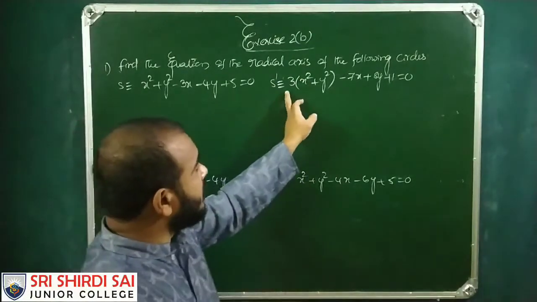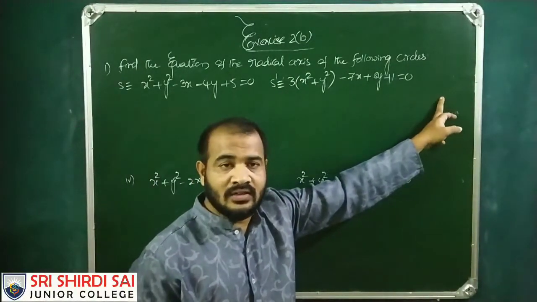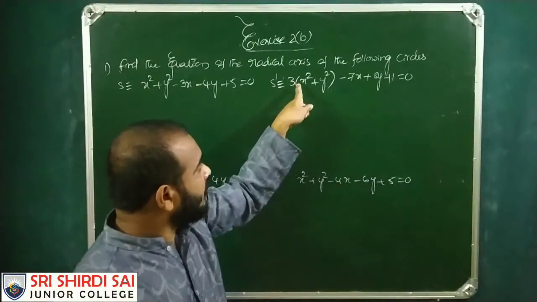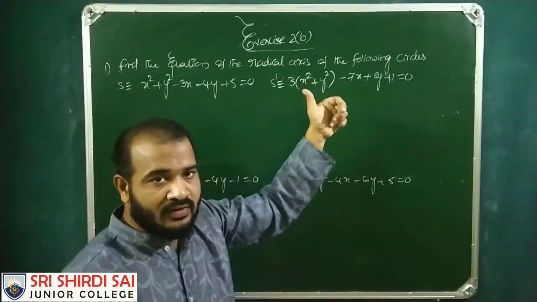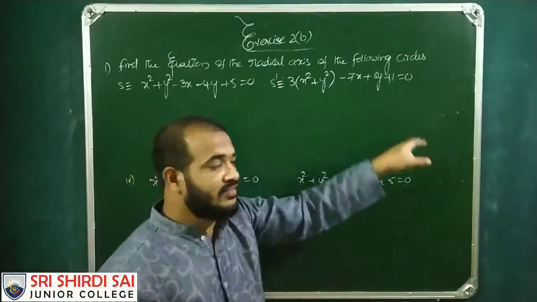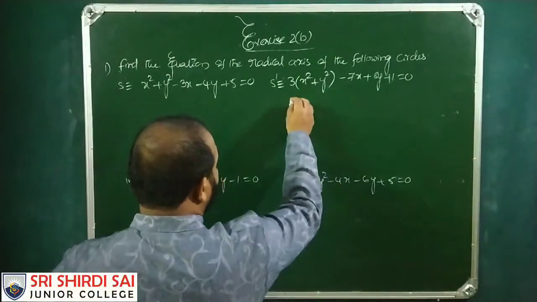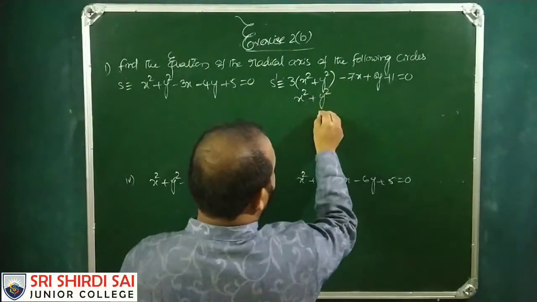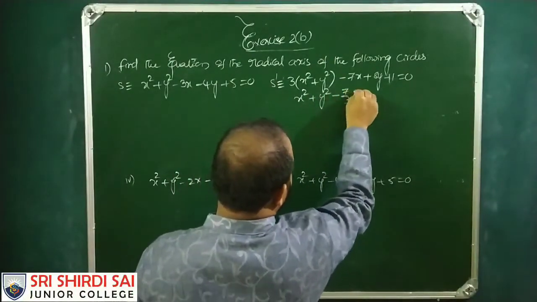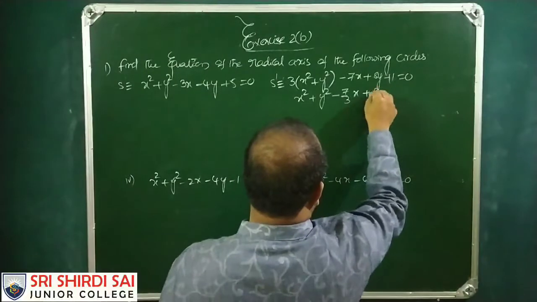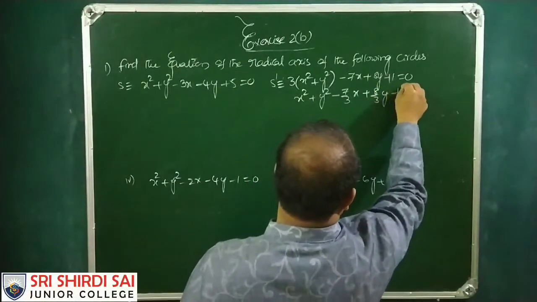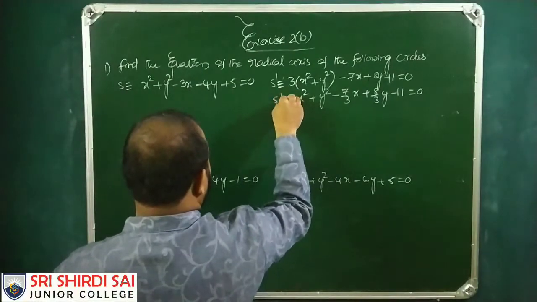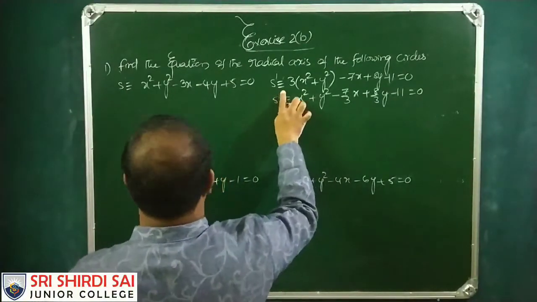Since this is not in a general form, and in the general equation of a circle the coefficient of x square and y square should be 1, for which we need to divide by 3. So this can be rewritten as x square plus y square minus 7 by 3 x plus 8 by 3 y minus 11 equals 0. Now this is our S dash.